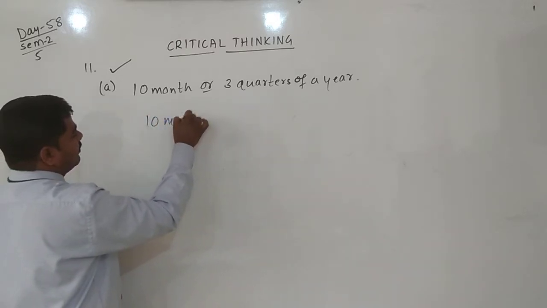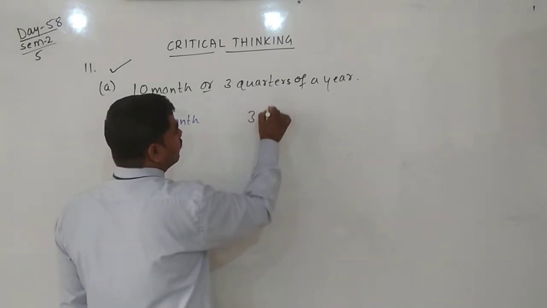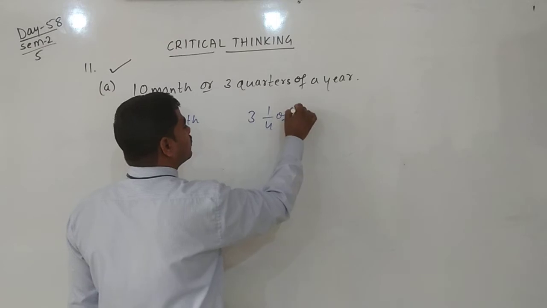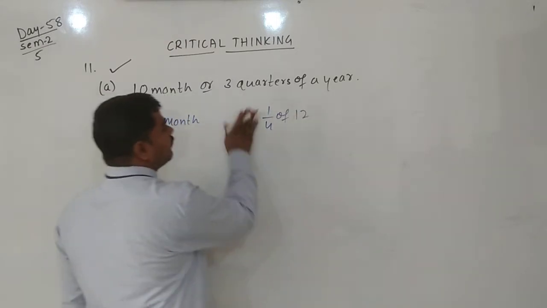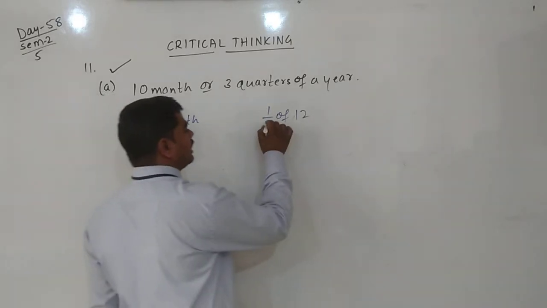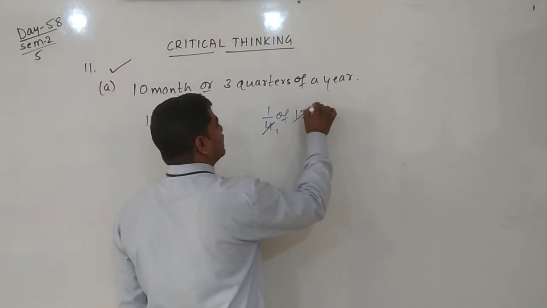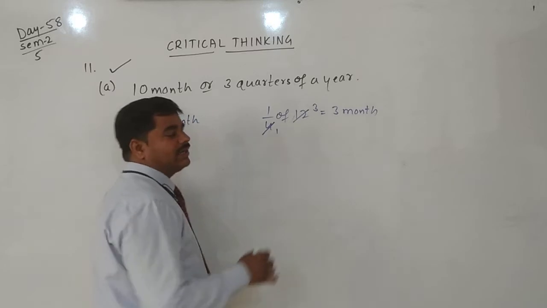Compare 10 months with 3/4 of a year, that is 3/4 of 12 months. First you should know 1/4 of 12 months. 1/4 of 12 months is 3 months.